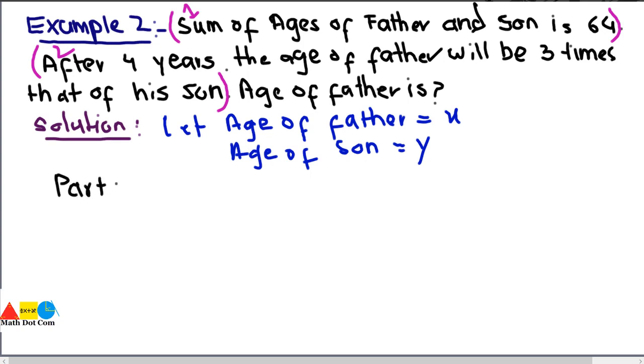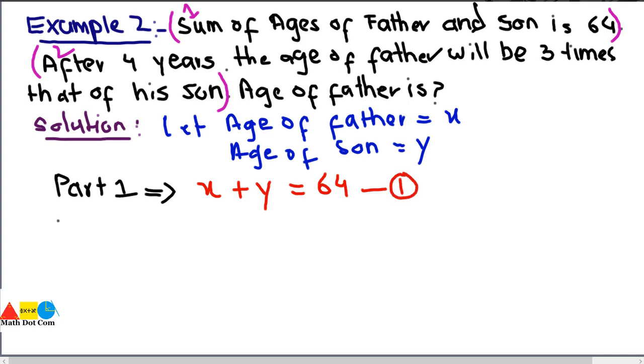What will be the equation of part 1? According to part 1, the sum of ages of father and son is 64. It means we have to add the age of son and father; the age of father is x and the age of son is y, and it is equal to 64. So this is equation number 1.